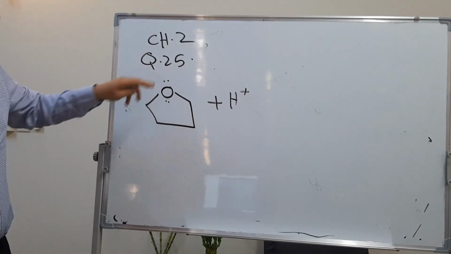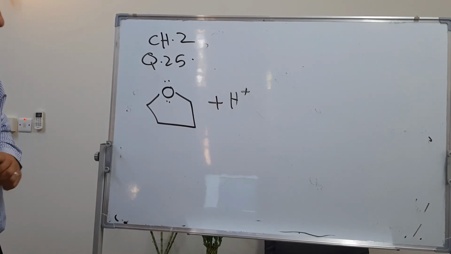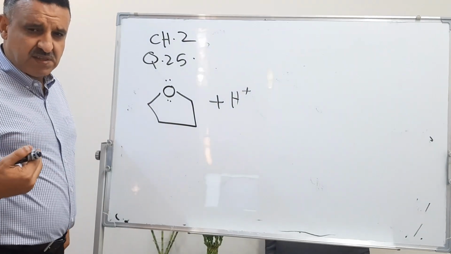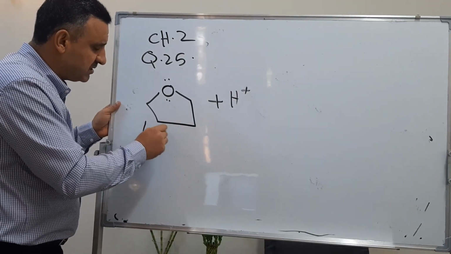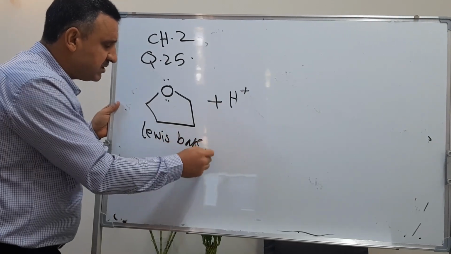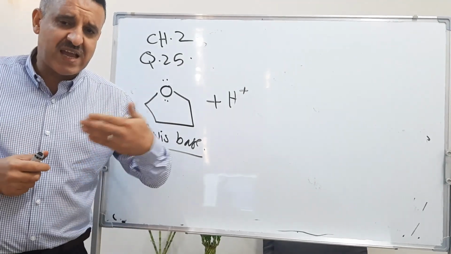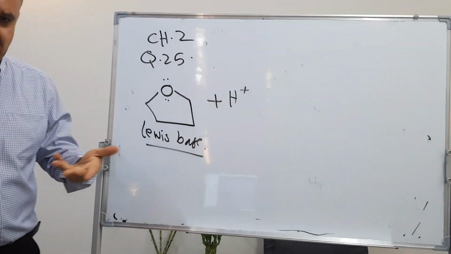So we should expect 2 lone pairs at the oxygen. According to what we have defined for Lewis acid and base, this is the Lewis base, because a Lewis base is any species or substance which can donate a lone pair. So we have lone pairs here to be donated.